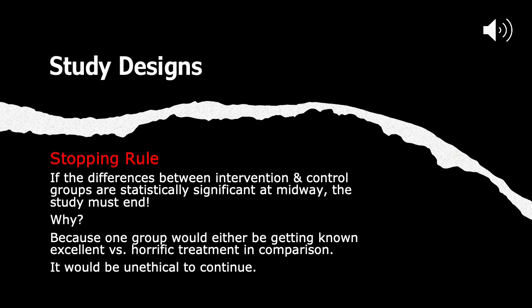Meaning if the intervention group is taking a medication that's significantly increasing their quality of life, or maybe it's curing their disease or whatnot, you can't just continue the study because the control group isn't benefiting from these effects and it's no longer ethical. So this is called the stopping rule. So we stop because one group would either be getting known, excellent versus horrific treatment in comparison. And again, it would be unethical to continue giving one group excellent intervention or deadly intervention.